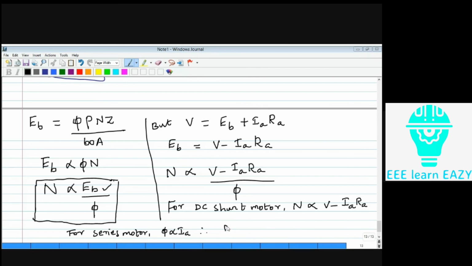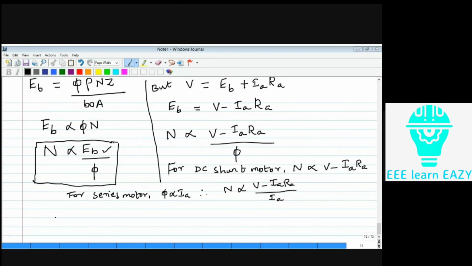Therefore, N is proportional to V minus IaRa, and instead of flux, I can write Ia. This is the case of series motor. So these torque and speed equations, these relations, play an important role in understanding the various characteristics of different types of motors.